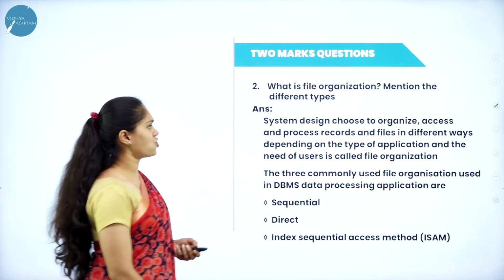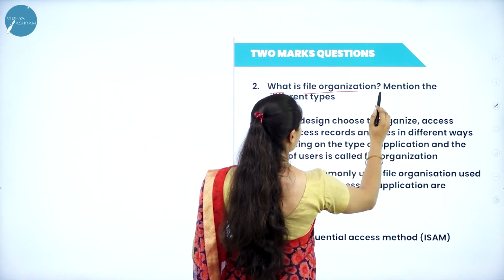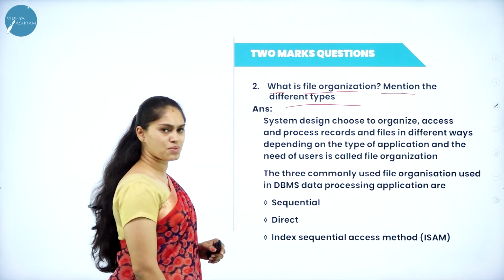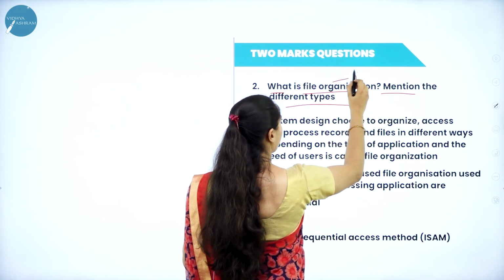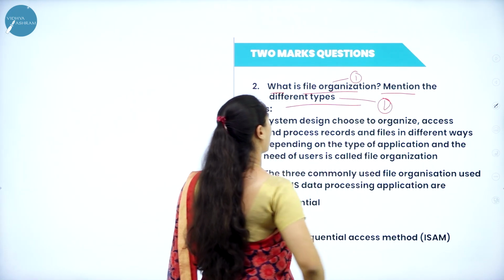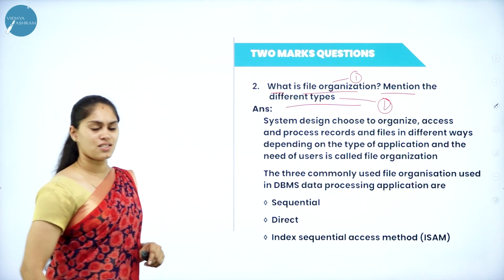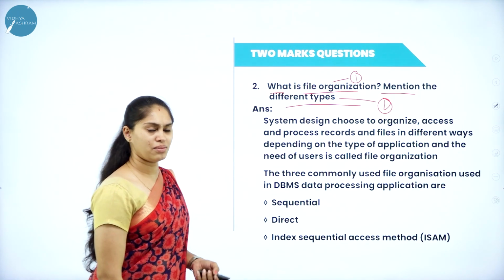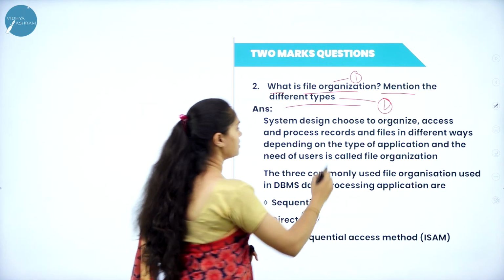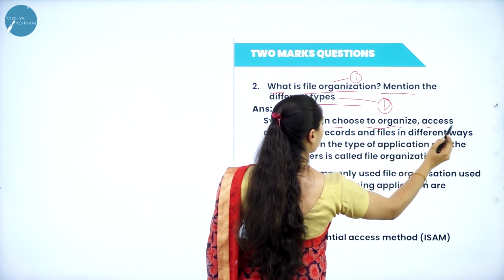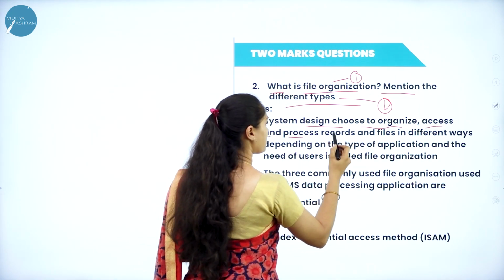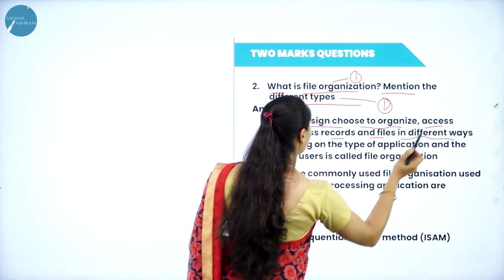Next we'll see the next question. What is file organization? Mention the different types. You have to understand one thing: this will be for 1 mark, and if we mention the types of file organization, that will be for another 1 mark. In system design, it is chosen in order to organize, access and process records and files in different ways.